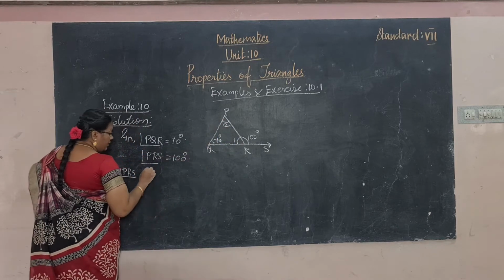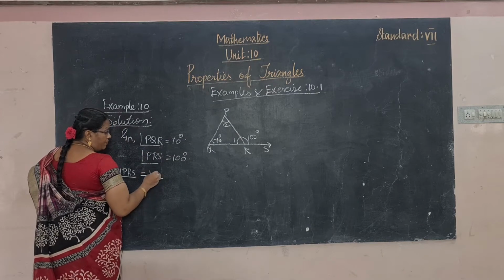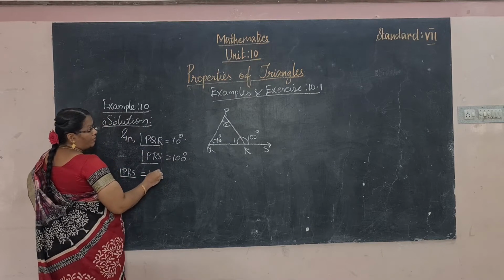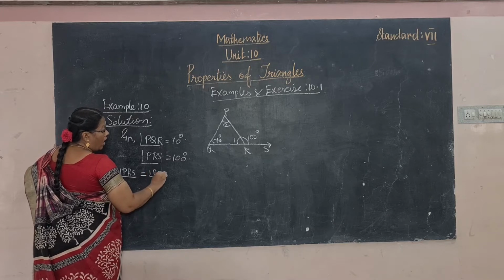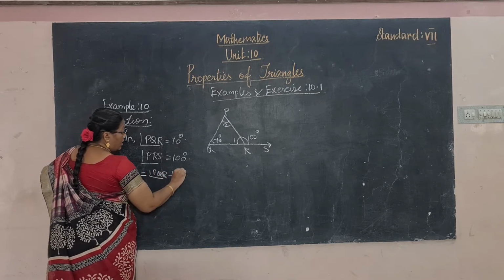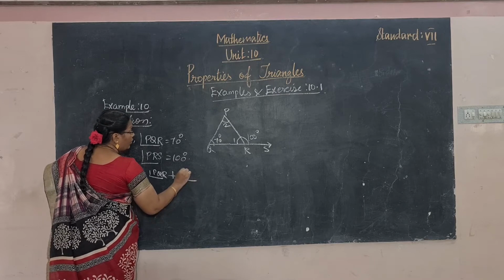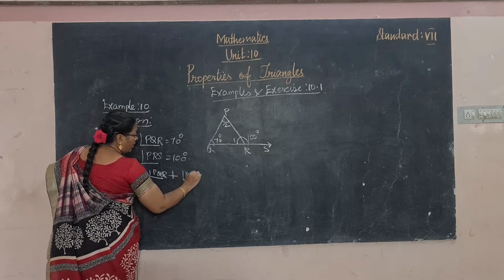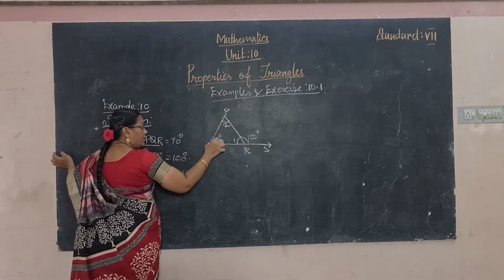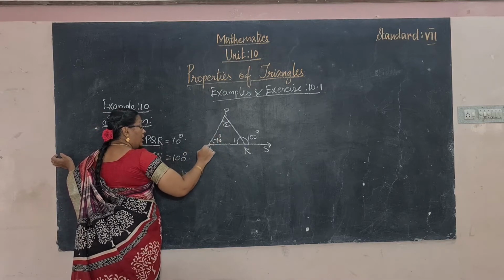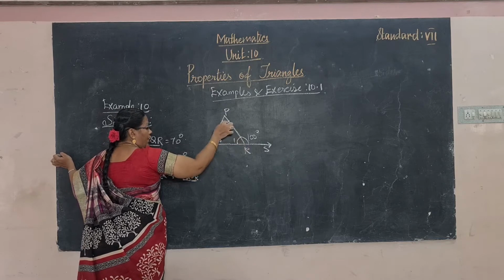So angle PQR plus angle QPR. Angle PQR is this angle, and the next one, QPR, is angle 2.